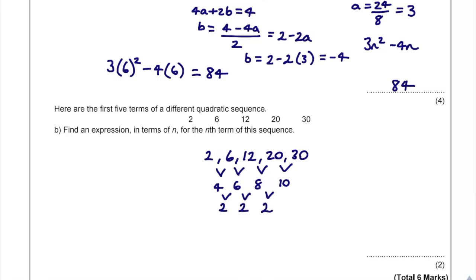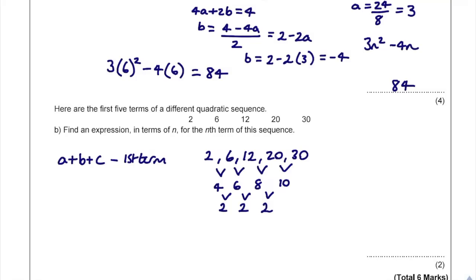So now what we can do is use our formulas for working out the nth term of a quadratic sequence. So the three formulas are a plus b plus c, which is the first term of the sequence.